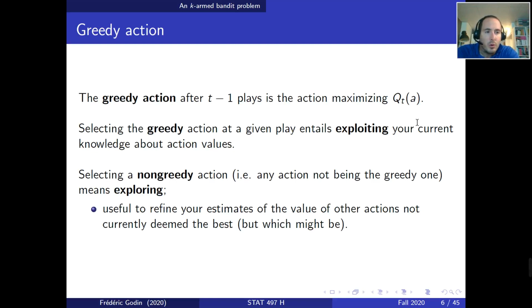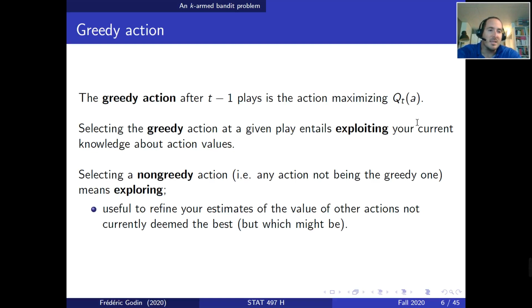What you could do is look at your estimated expected rewards for all levers, take the lever which has the highest estimated expected reward, and pull that lever. This is called the greedy action. The greedy action entails selecting the action which you think performs the best as of the current information you have. Selecting the greedy action at some given play entails exploiting your current knowledge about action values.